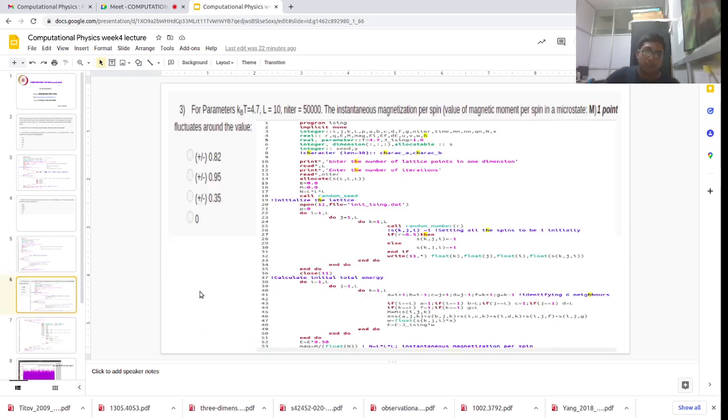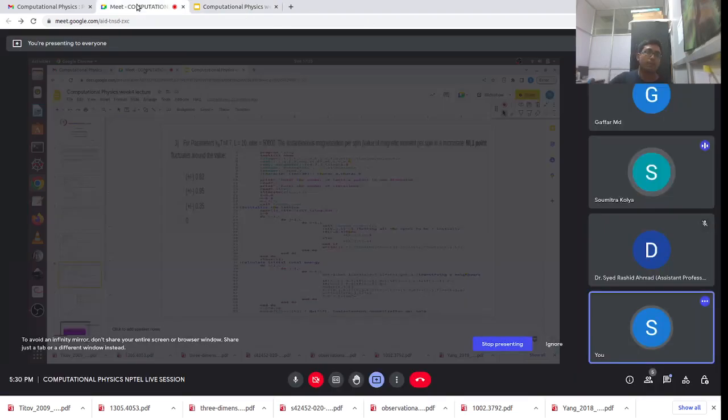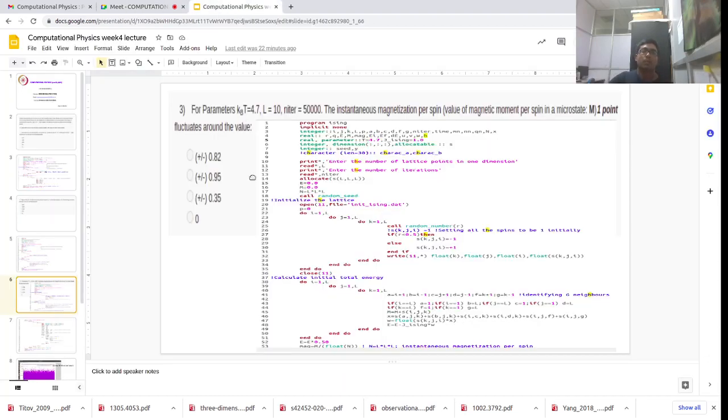So here, for parameters kBT equals 4.7, L equals 10, and the number of iterations to be 50,000, the instantaneous magnetization per spin has to be calculated, and we have to show that the magnetization per spin is basically fluctuating around which one of the values.